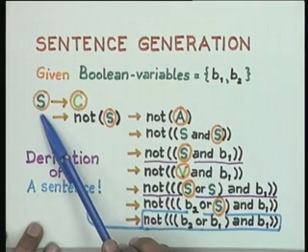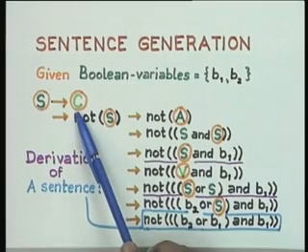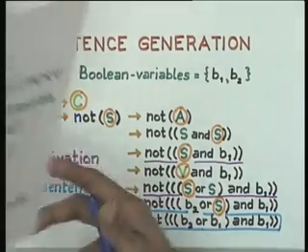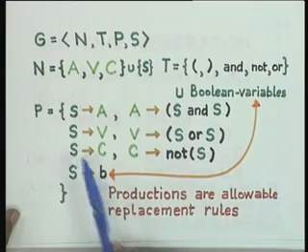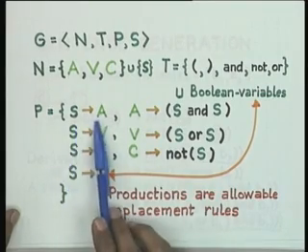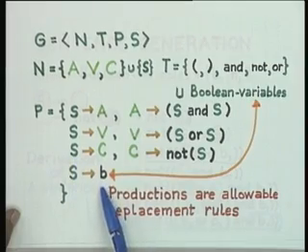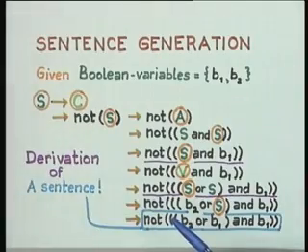So, initially there was no alternative, we chose one out of the possibilities for S. S replaced by A, S replaced by V, S replaced by C, S replaced by an identifier. So, there are four possibilities, of which we chose one.